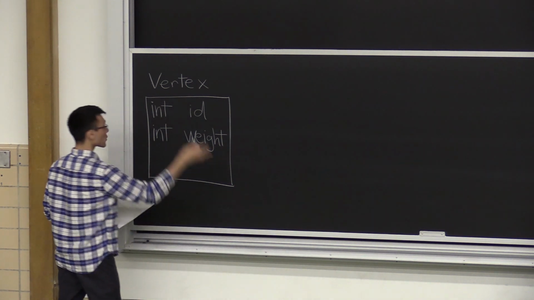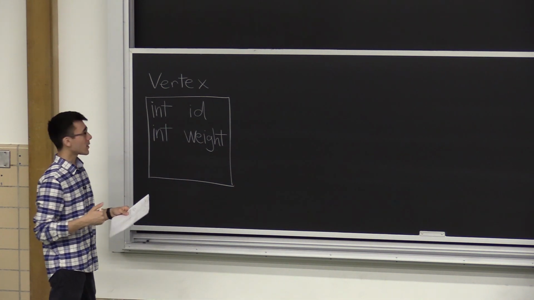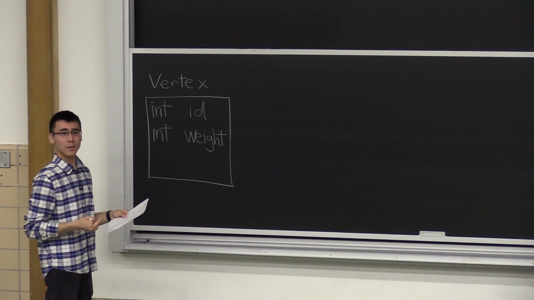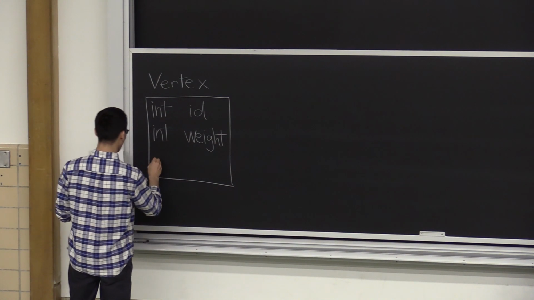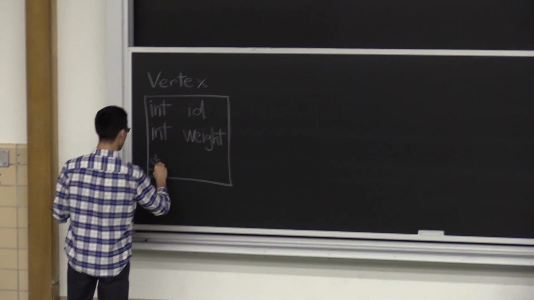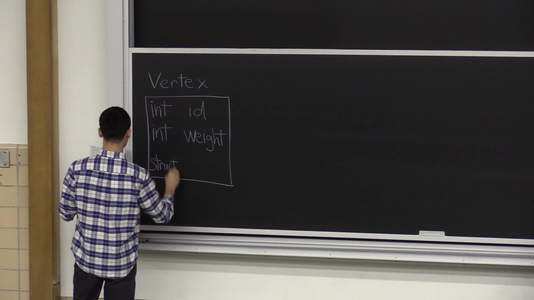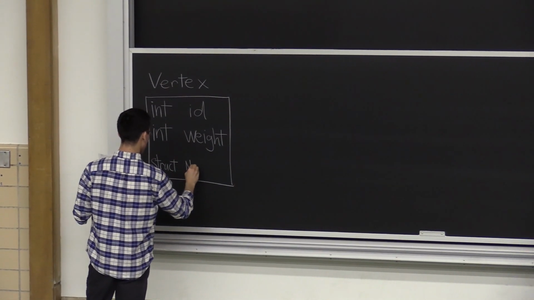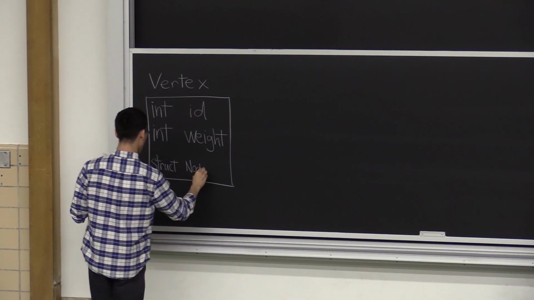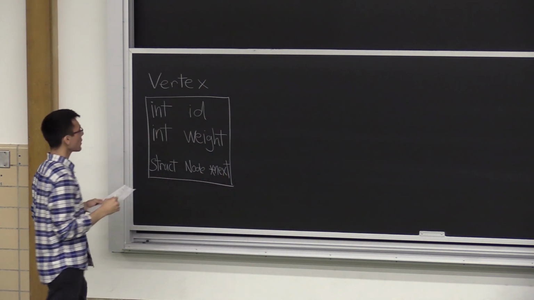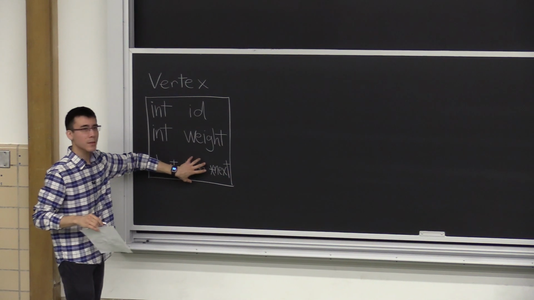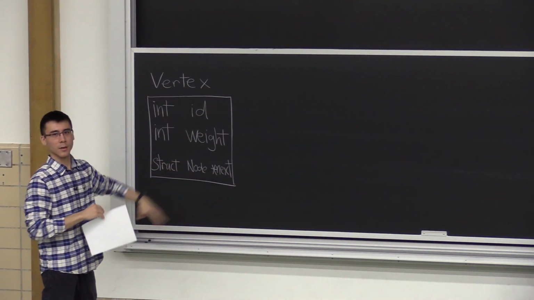And since we're trying to implement a linked list or adjacency list version of this, we're also going to have a next. A struct, let's call it a struct node, and then you'll have a pointer to next. So this type is going to be the same as this type here.